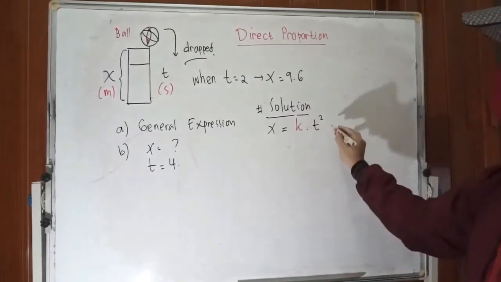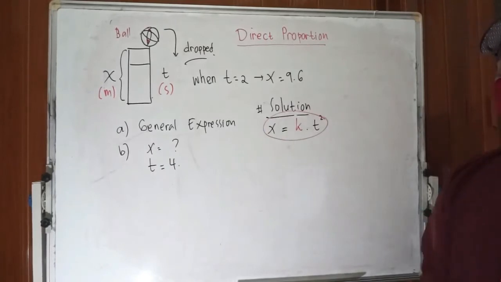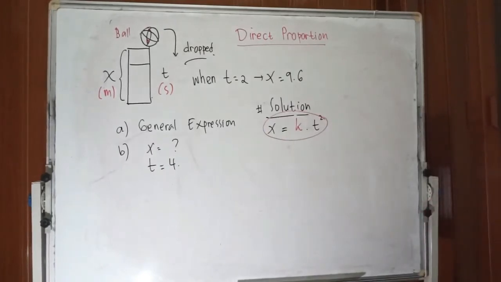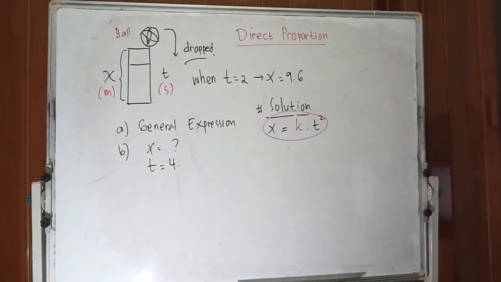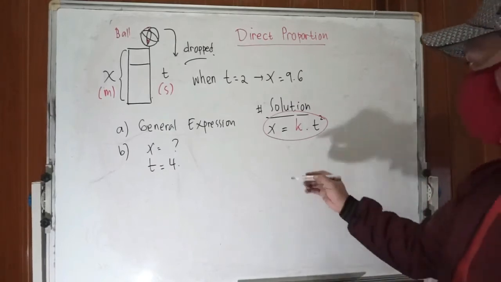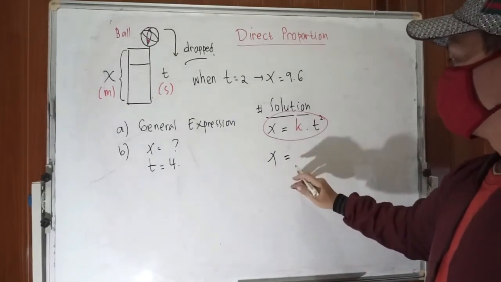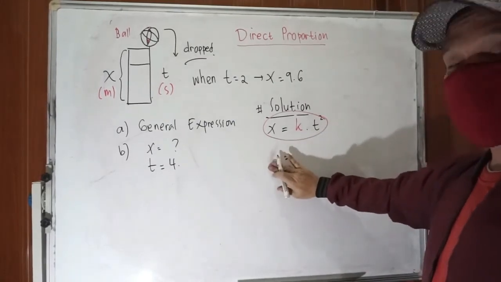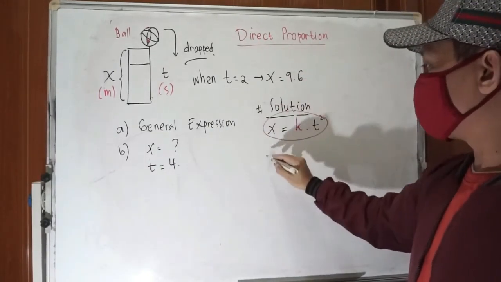This is the expression in terms of t. Our job is to find the value of k firstly. So we insert x. x is 9.6.